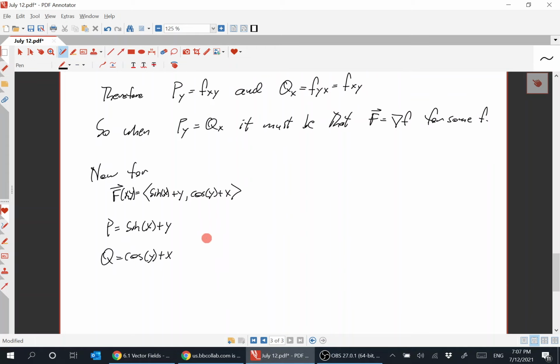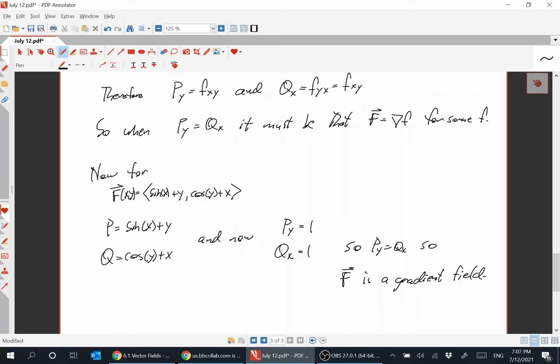So the partial derivative of P with respect to y is just, well, 0 plus 1, which is 1. And the partial derivative of Q with respect to x, well, this is 0 plus 1. Right? So P_y equals Q_x. So F is a gradient field. Don't know what the function is, but we know it's a gradient field.